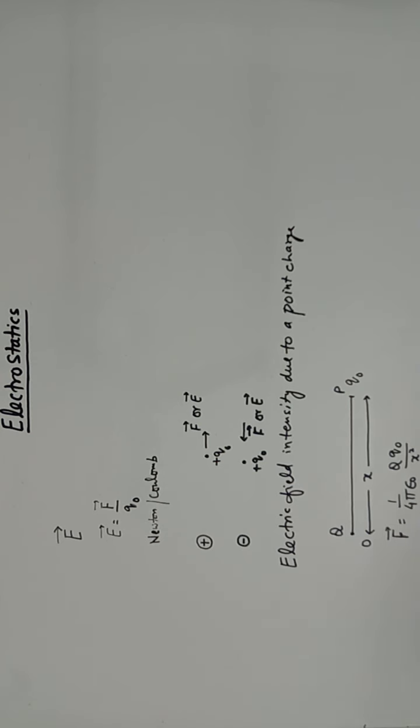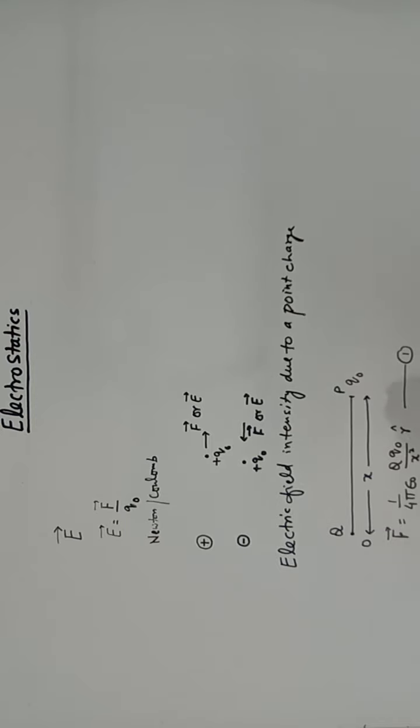We have to write this formula in vector form, so we introduce a unit vector r cap, because the left side is a vector quantity, so the right side must be a vector quantity. This is equation number 1.